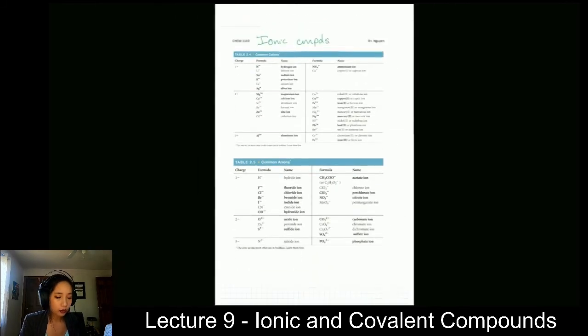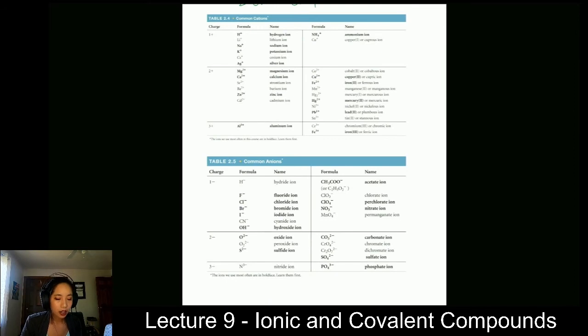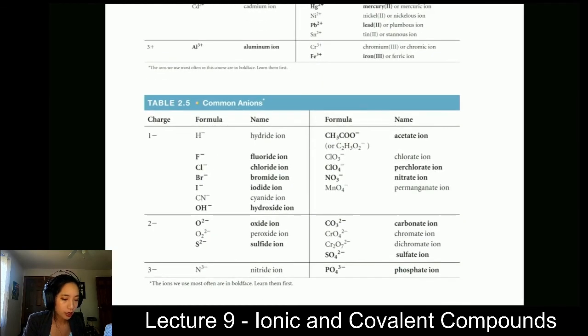So I will always give you this second sheet with the names and the formulas for each of the polyatomic anions and cations. But you need to know how to use them, where the formulas are and their respective charges and their names.